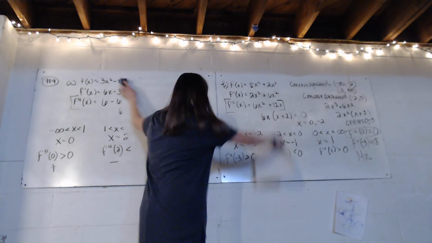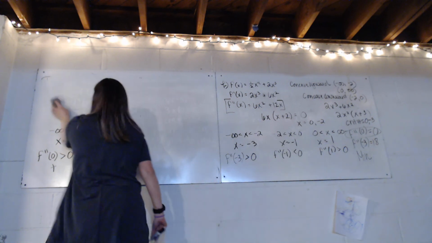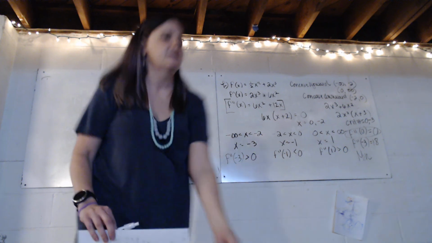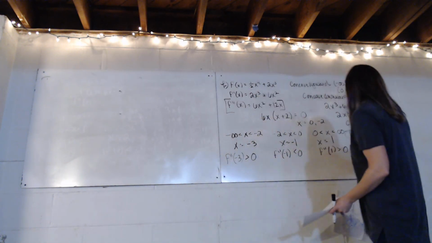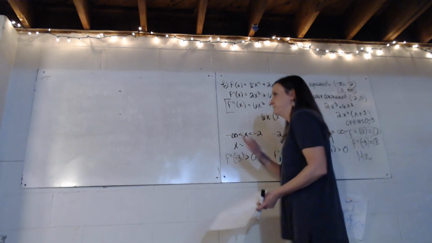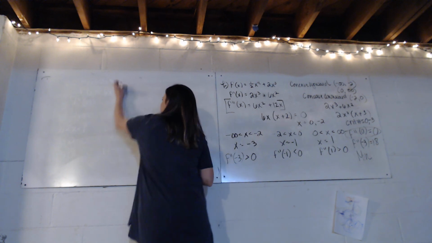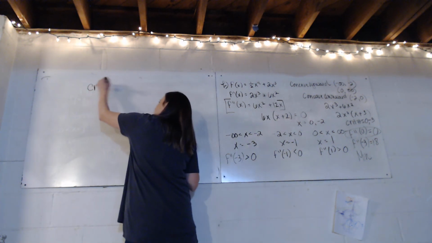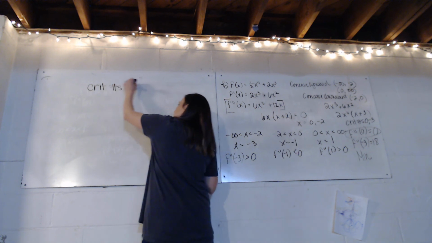Okay, so I'm going to look at function b, and I already correctly found using the second derivative test that my critical numbers were 0 and negative 3. And when I plug in those values into my second derivative, I get a minimum at negative 3. I have no maximum. Let's look at it with the first derivative test. Again, I said my critical numbers were 0 and negative 3.